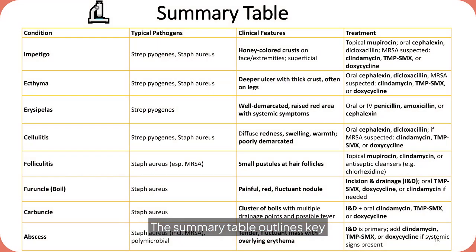The summary table outlines key information on bacterial skin infections, including typical pathogens, clinical features, and treatment options. It serves as a quick reference for understanding the differences between conditions like impetigo, ecthyma, erysipelas, cellulitis, folliculitis, furuncles, and abscesses. You may pause the video to study the table.